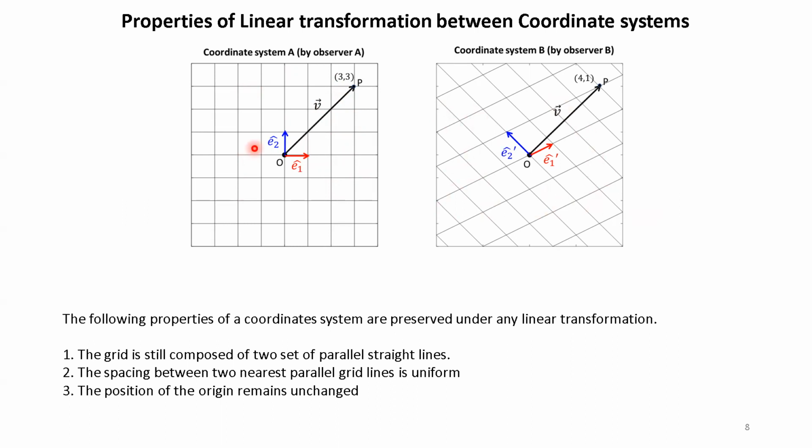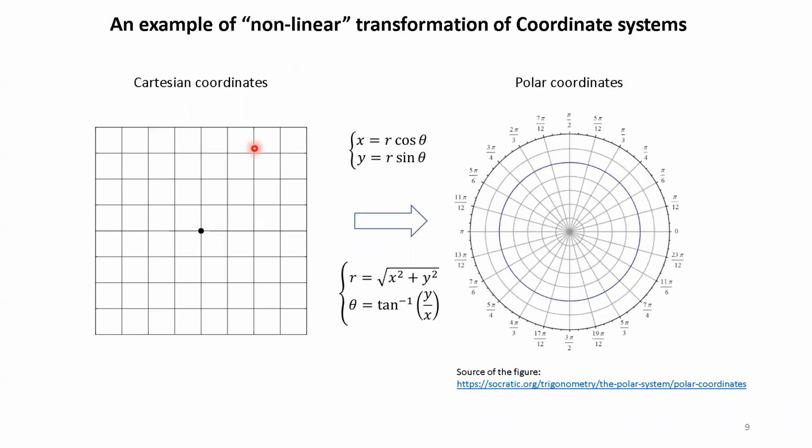Mathematically, as you've seen already, this transformation can be represented by a matrix. An example of a transformation which is not linear is this one, which we actually use a lot.